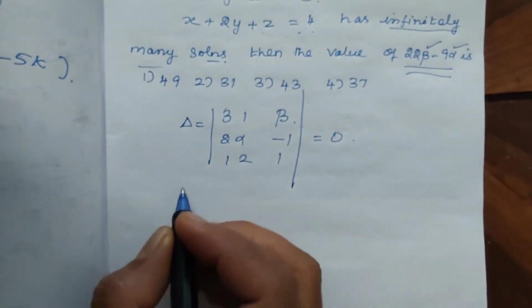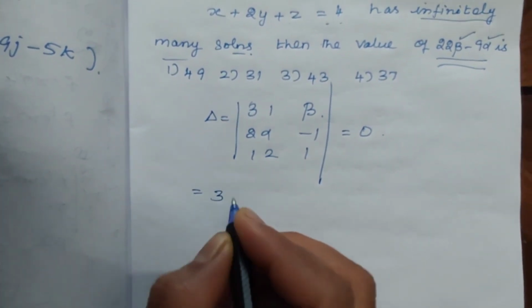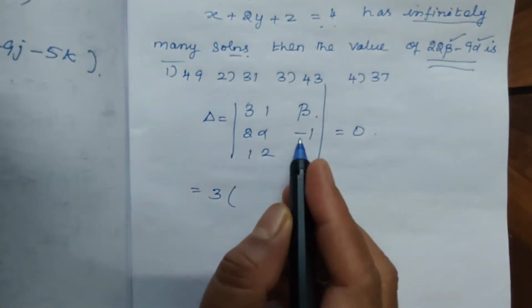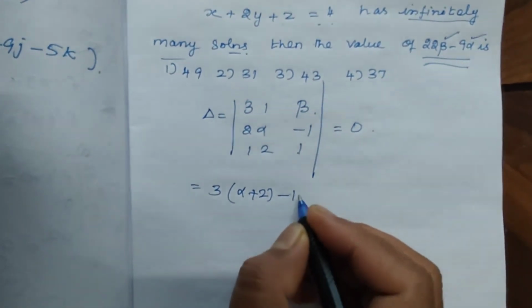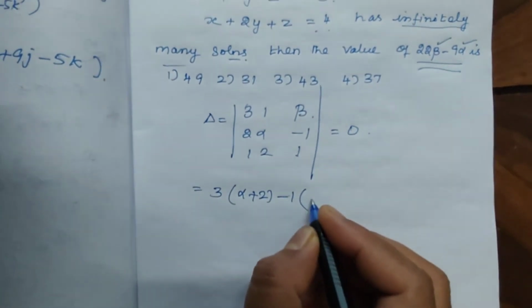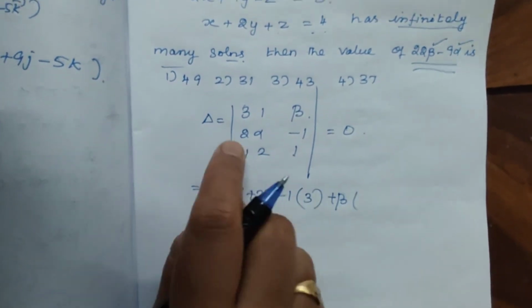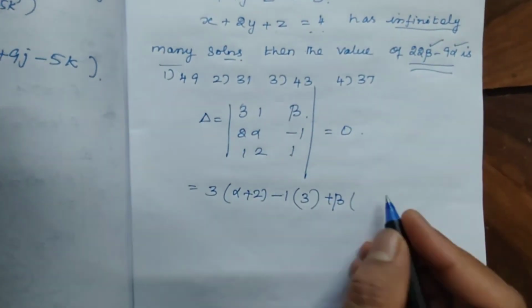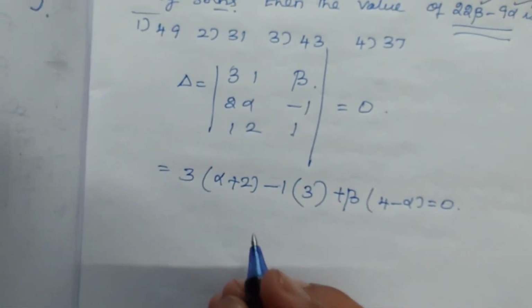So from this what you have to find? That is 3 into (α + 2) − 1 into (2 + 1), that is 3, next β + β into (2 + 2 = 4) → β(4 − α) equal to 0.